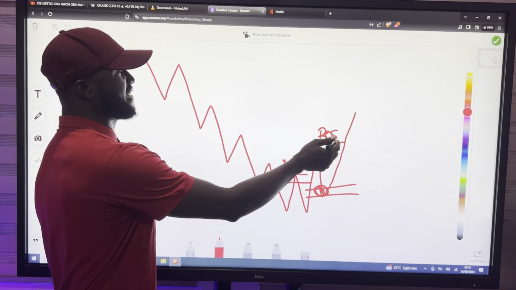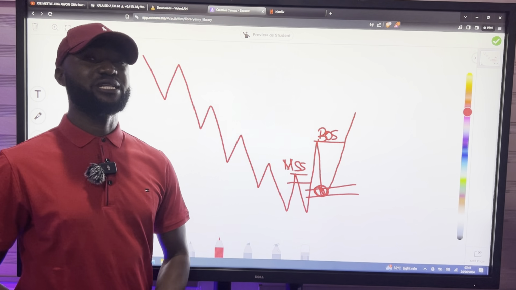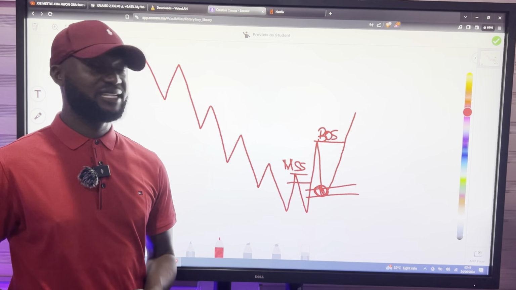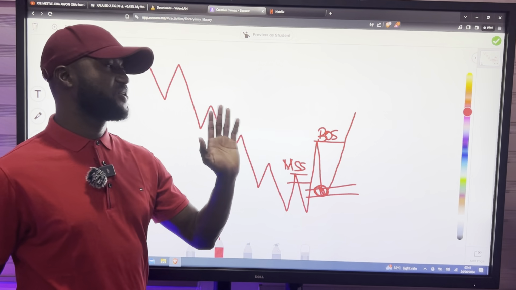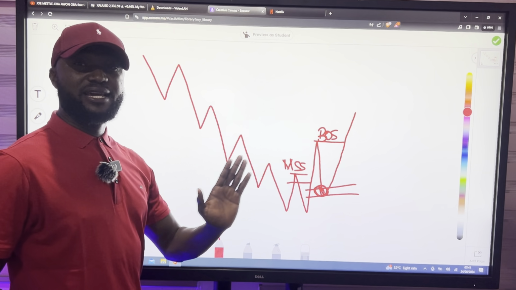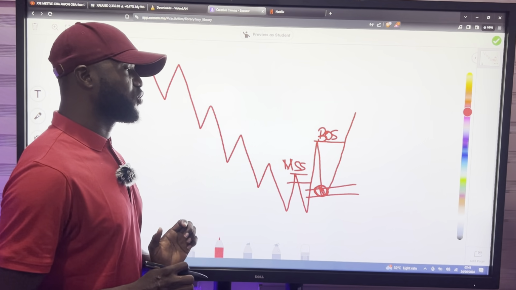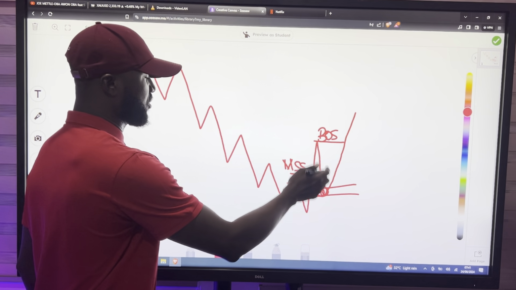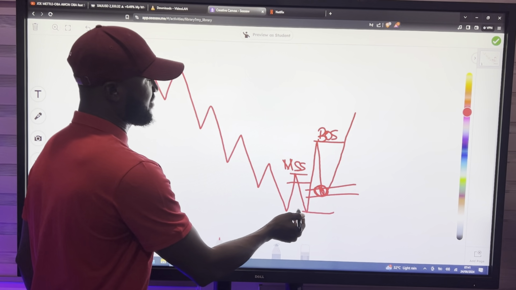Once price breaks structure, it gives you some level of confidence that price is ready to continue in an upward direction. Hence, you would be able to carefully watch out and shift your stop loss to break even.